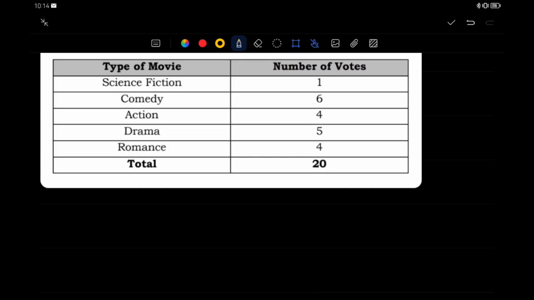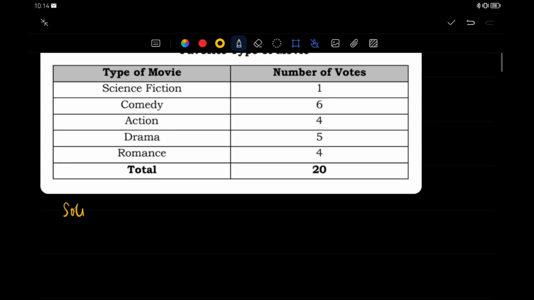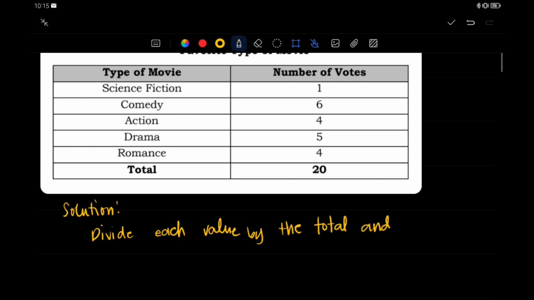Now let's construct a pie chart for the data given. First, for our solution, we need to divide each value by the total and multiply by 100 to get a percent.